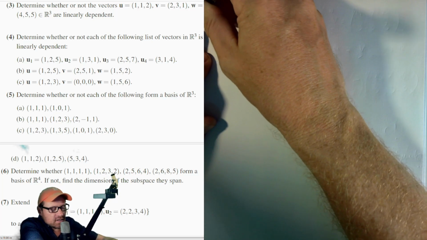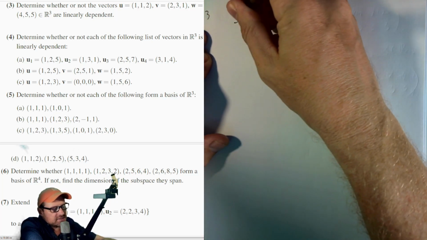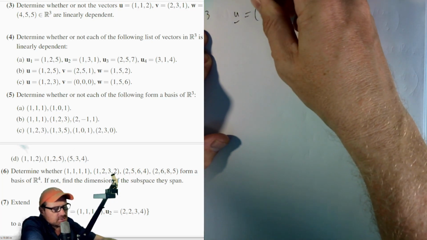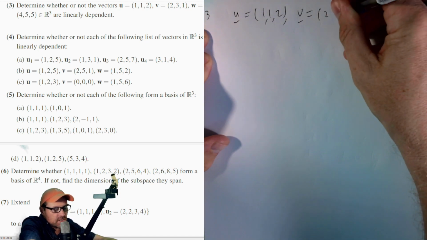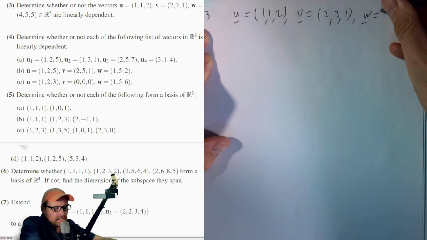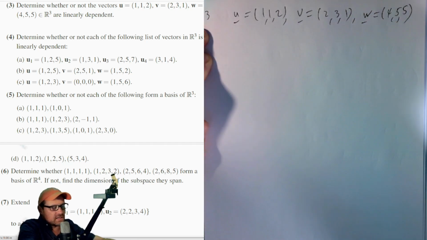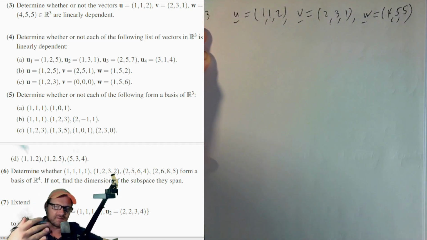Question 3, determine whether the vectors u equal to 1, 1, 2, v equal to 2, 3, 1, and w equal to 4, 5, 5 are linearly independent. Now these are in 3 space and we have 3 of them.